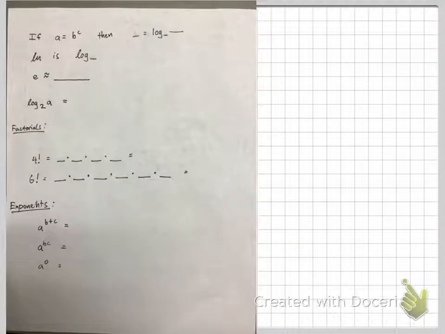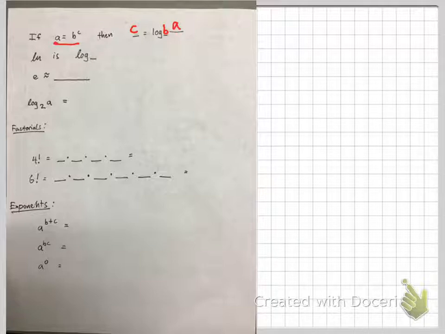All right, let's flip over to the other side of the worksheet now, where, just to review, if we've got an algebra problem set up like this, where a equals b to the power of c, then what this means is that I can take the log base b of both sides, and I'll get that c is equal to the log base b of a.